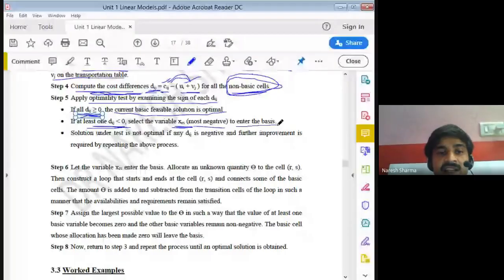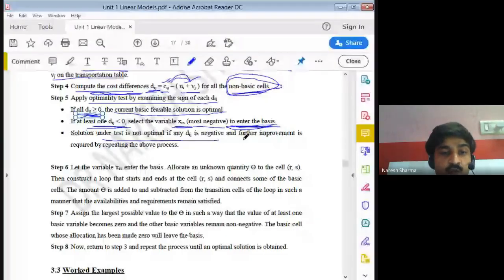Then we enter it into a basic cell. Basic means where allocation is present in your solution, we already discussed, right? The solution under test is not optimal if any Dij is negative, and in that case we require further improvement.